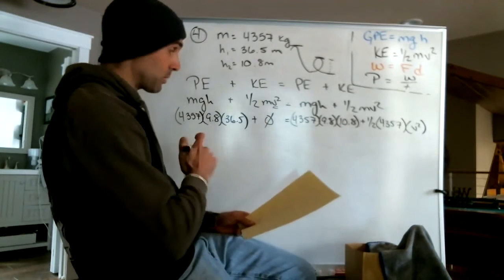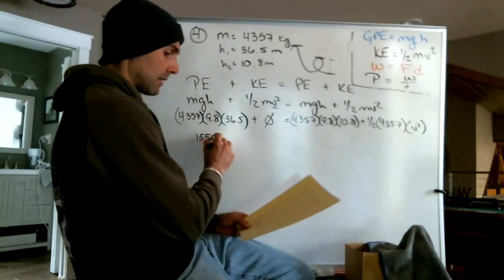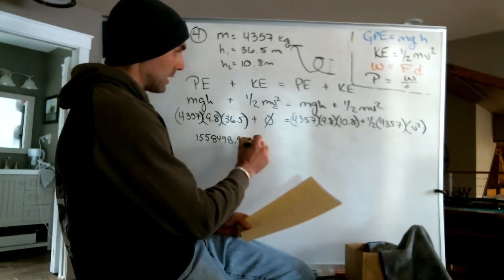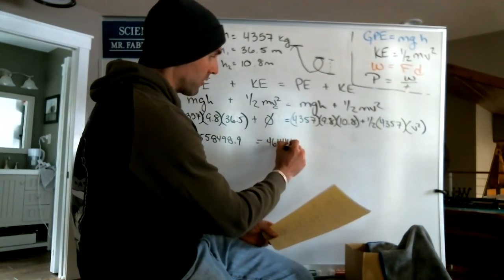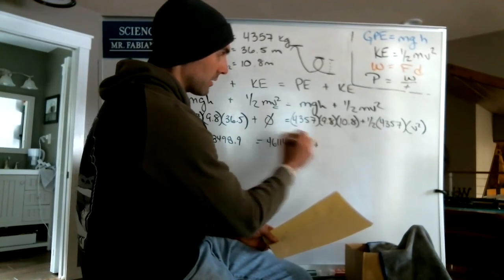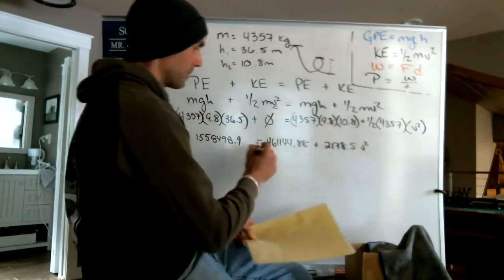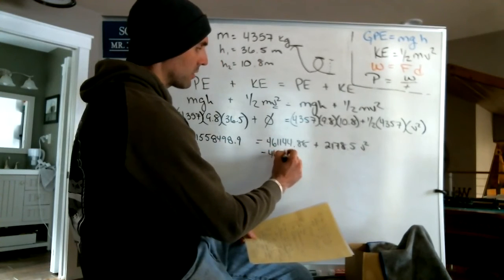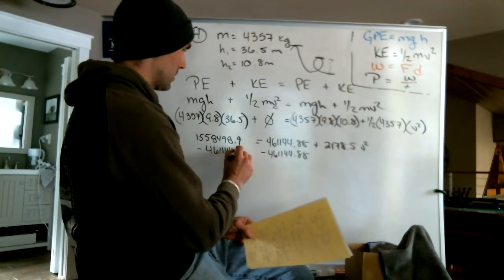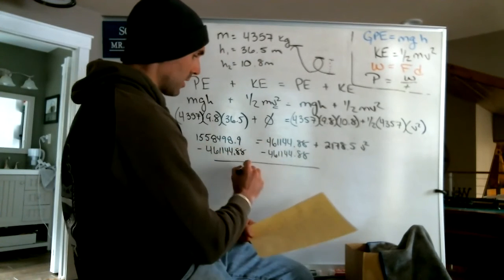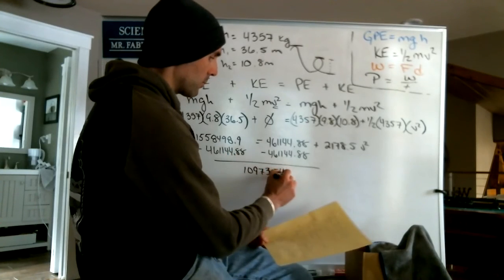These are some pretty big numbers. So we got 1,558,498.9 equals 461,144.88 plus 2178.5 v squared. We need to subtract this over first, and for this we get 1,097,354.02.